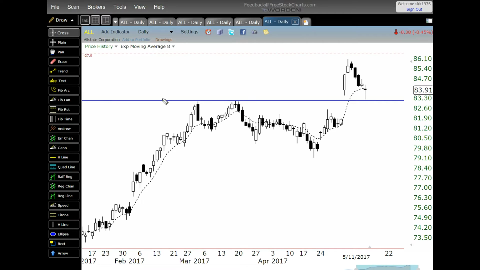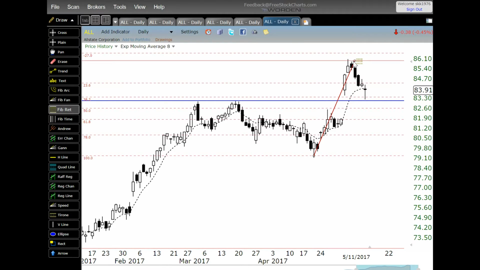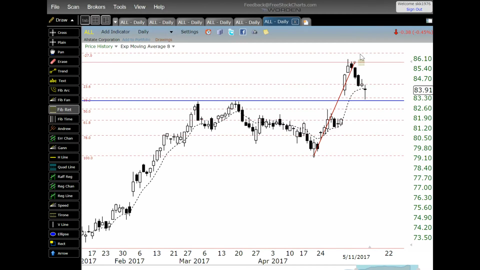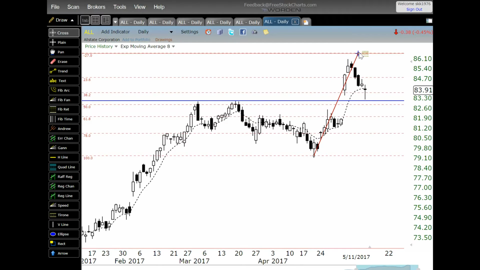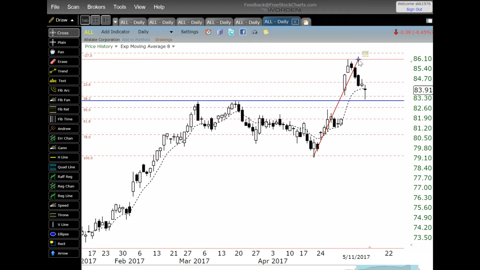Okay, so let me draw the Fibonacci to show you where the target could be. I'm going to draw this Fibonacci in the daily time frame from point A to point B. Now you can see that the 38% retracement has provided support in addition to this horizontal support line that is right here.